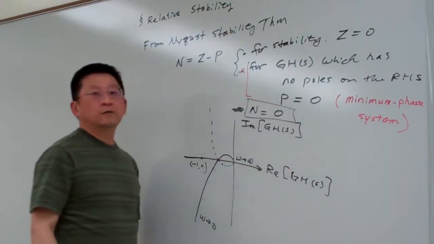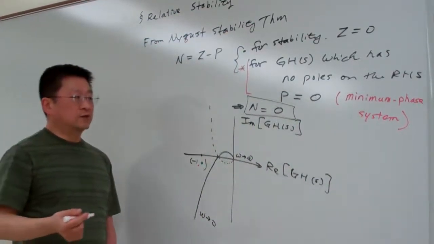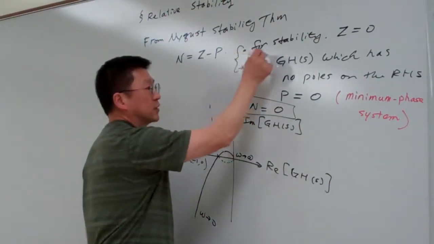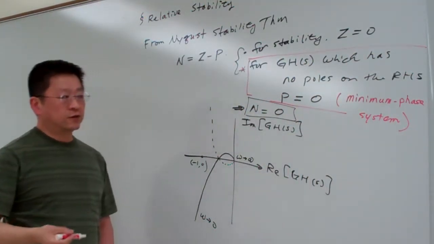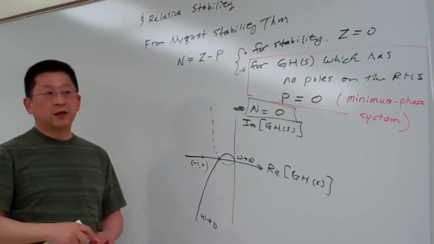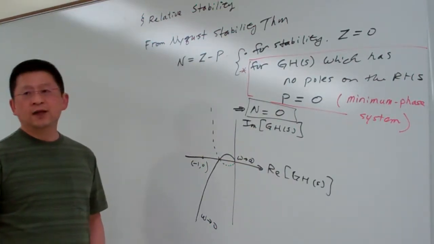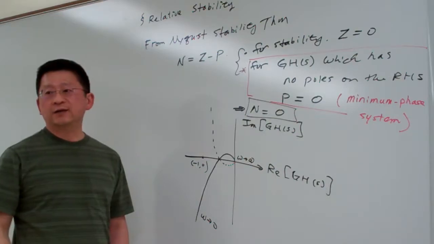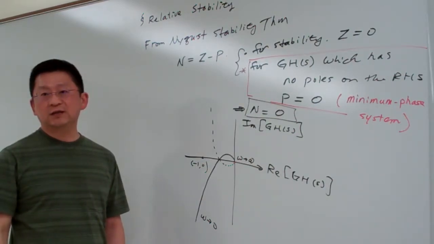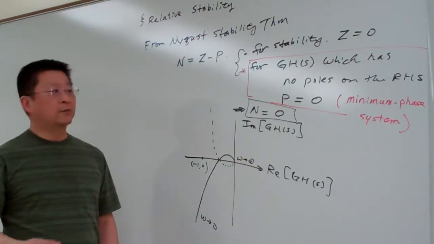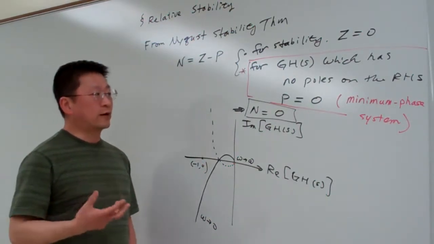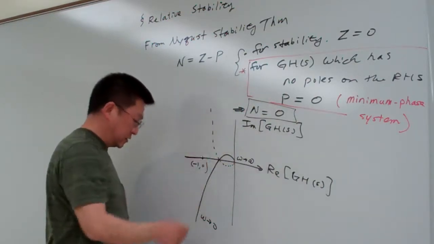The minimum phase system is pretty general in most practical control systems, unless you work on a flight jet like the F-16, which is in nature an unstable system, so that's a different story. But for most general practical systems, that is the situation.